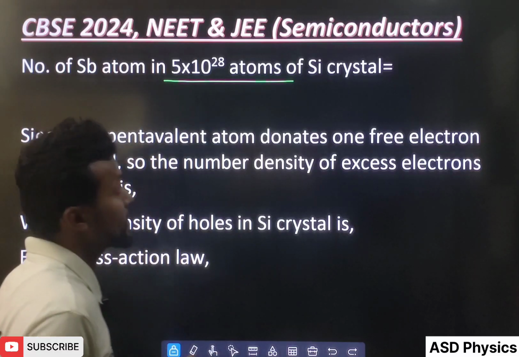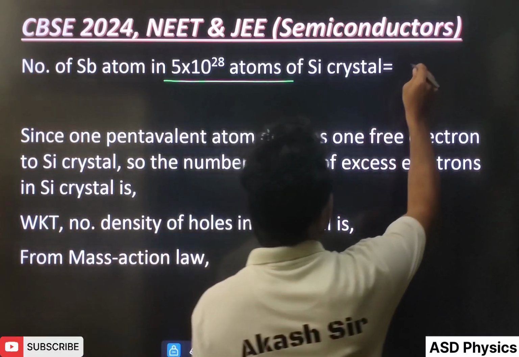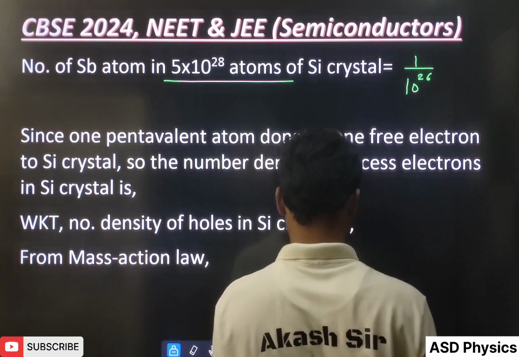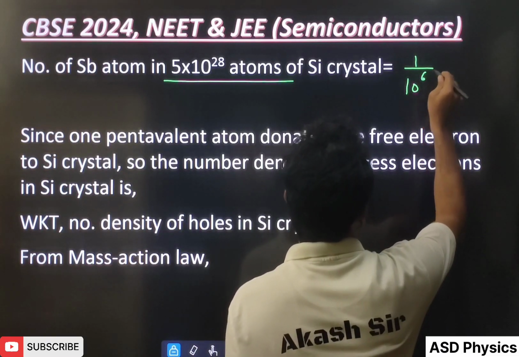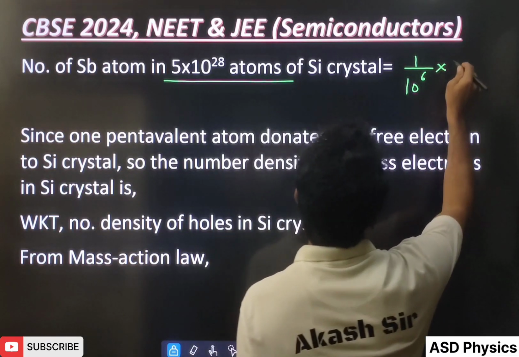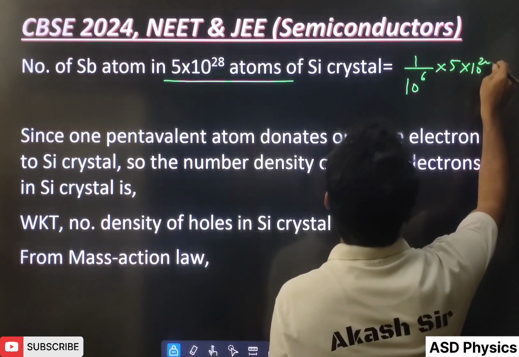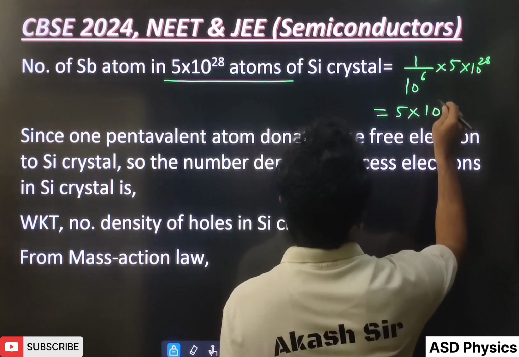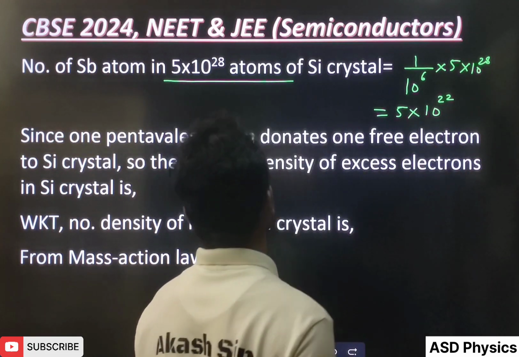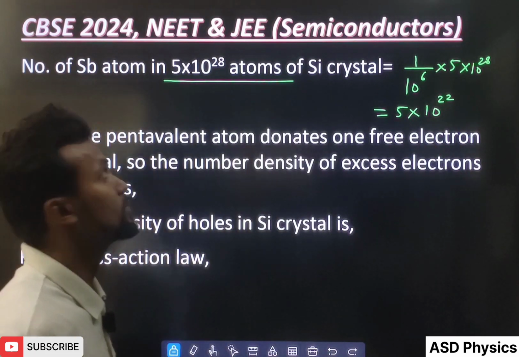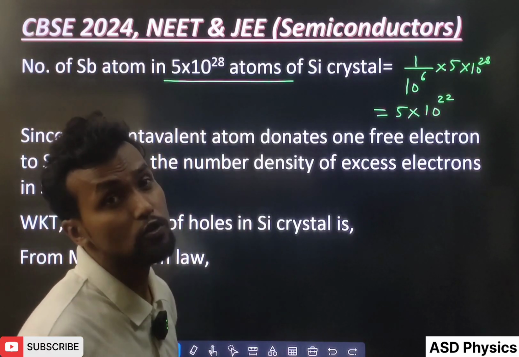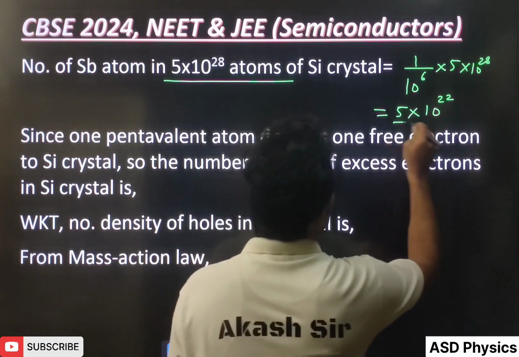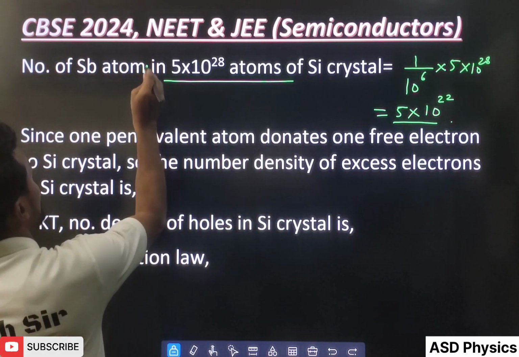Then 5 into 10 to the power 28 will be, by the unity rule, 1 by 10 to the power 6 into 5 into 10 to the power 28. When you simplify this, it comes to 5 into 10 to the power 22 antimony atoms.